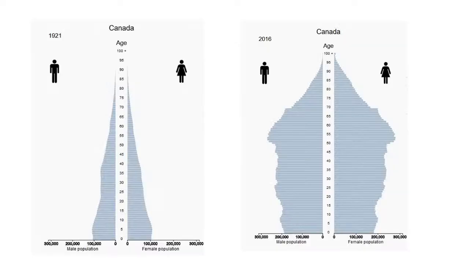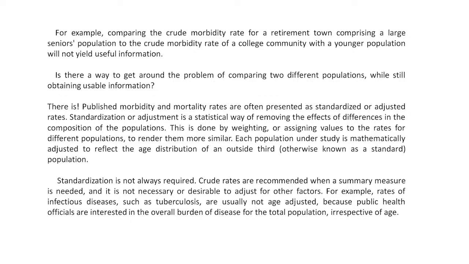As you remember this pyramid, compare 2 years. For example, comparing the crude mortality rate for a retirement town comprising a large seniors population to the crude morbidity rate of a college community with a younger population will not yield useful information.